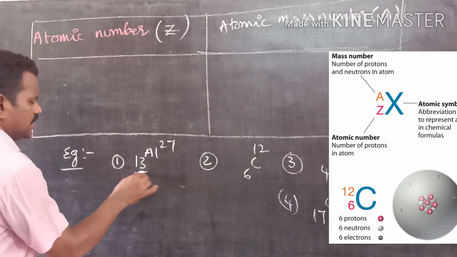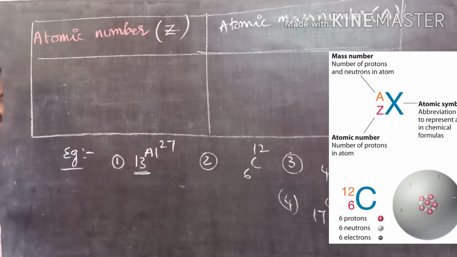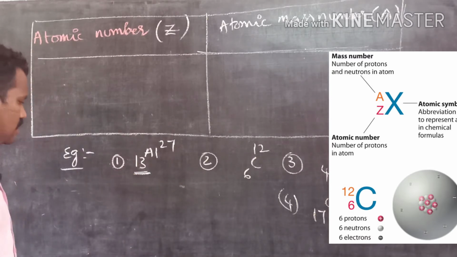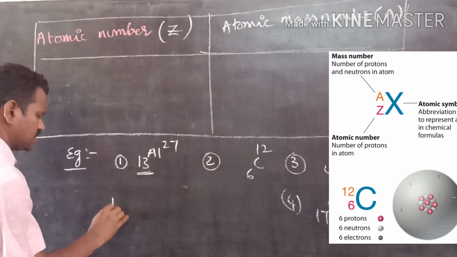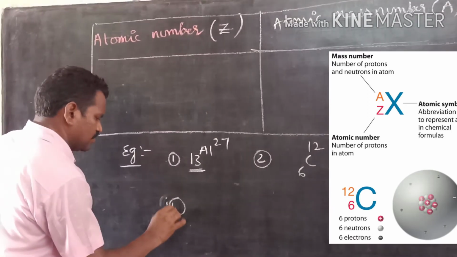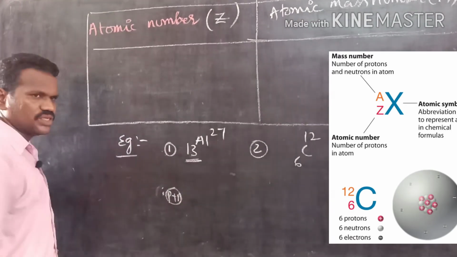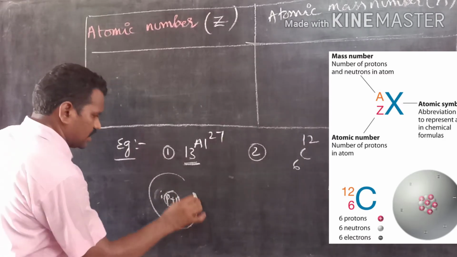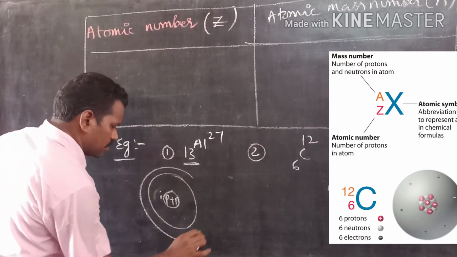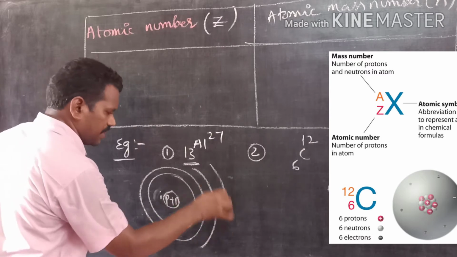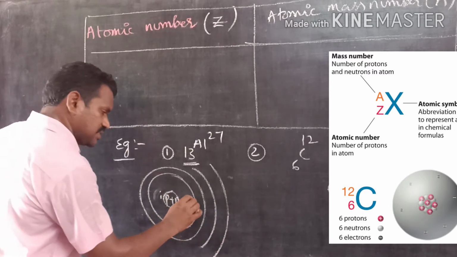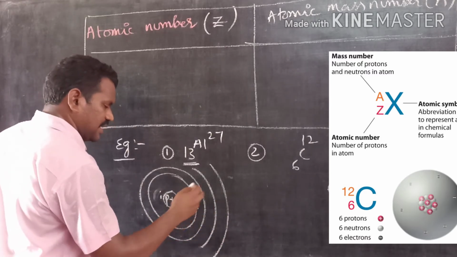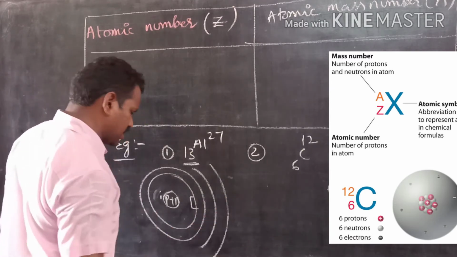See here atomic number is 13. What does it mean? We already know that every atom contains a nucleus, where inside the nucleus protons and neutrons are there, and around that electrons are revolving in definite circular paths. These paths also contain main levels and sublevels, orbitals and different kinds.